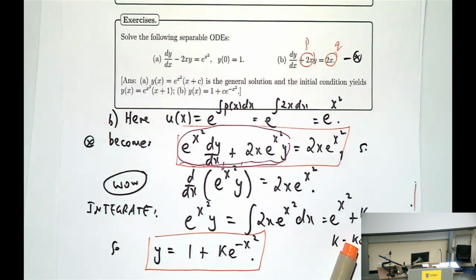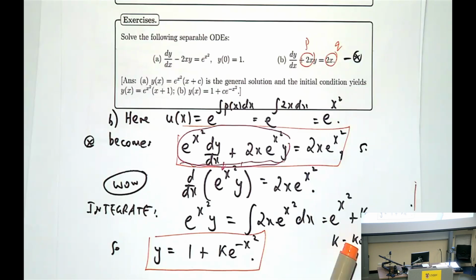Questions? Let me tell you, it's nothing more than the product rule. People go, wow, this is mind-blowing. The product rule is amazing. That's all it is, the product rule for derivatives. And you are forcing that left-hand side to be the derivative of a special product.